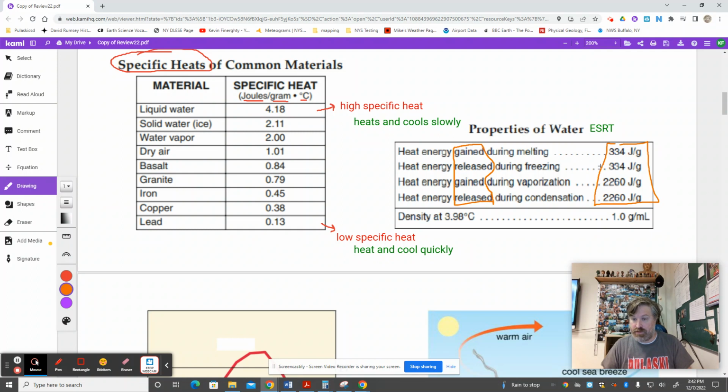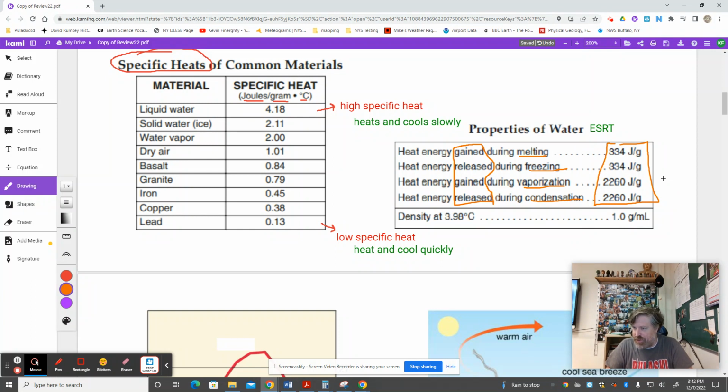That's it. They won't make you do any numbers. They won't even make you compare them. It'll just be during melting, it gains 334. During freezing, it releases 334. During vaporization, which is like boiling, evaporation, it gains 2260. During condensation, which is going from a gas to a liquid, it releases 2260.